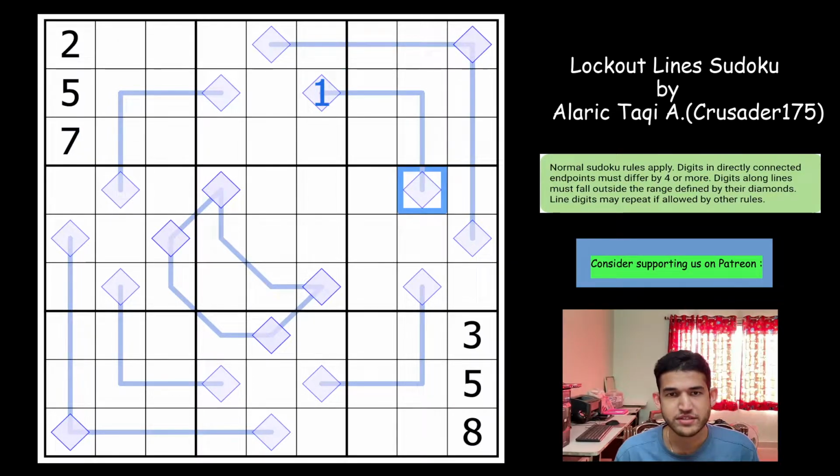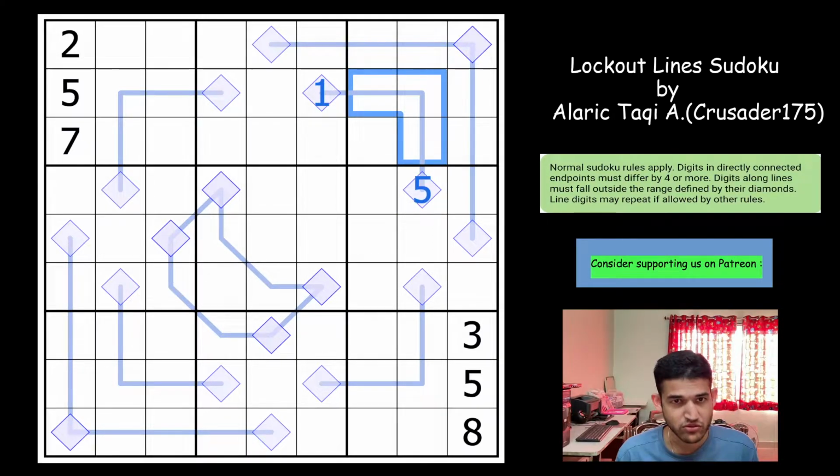And digits along these lines must fall outside the range defined by their diamonds. Line digits may repeat if allowed by other rules. Okay, so which means that, let's say if you have a 5, then you can have no digits between 1 to 5 or even 1 and 5 on these 3 cells.